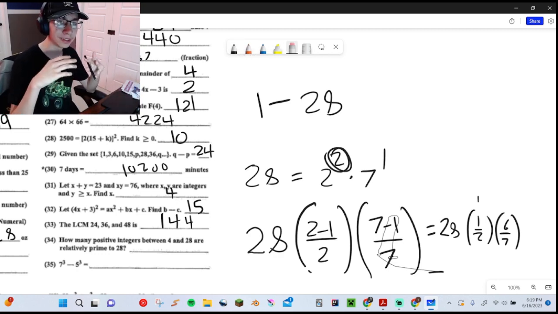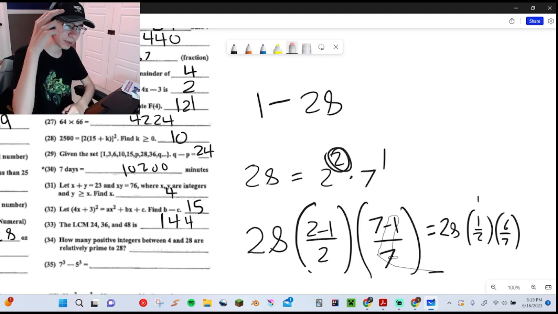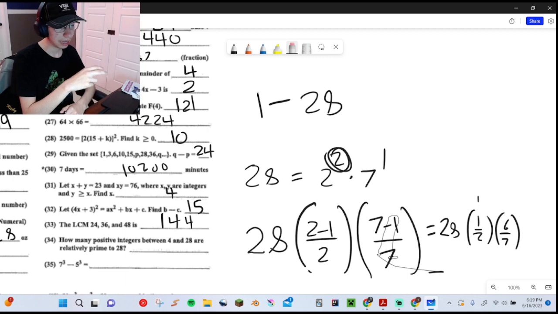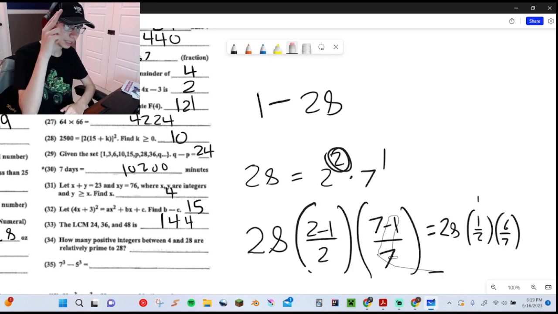The denominators are the prime factors of 28, and the numerators for each of these fractions are one less than the denominator. So the prime factors are 2 and 7. It's 2 as the denominator with 1 as the numerator, and then 7 as the denominator and 6 as the numerator.